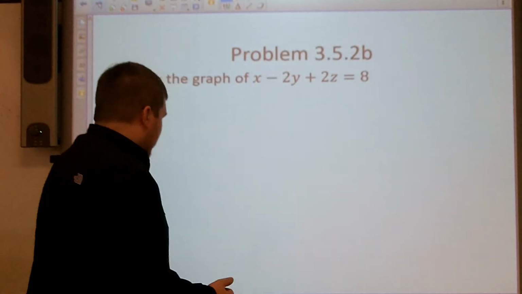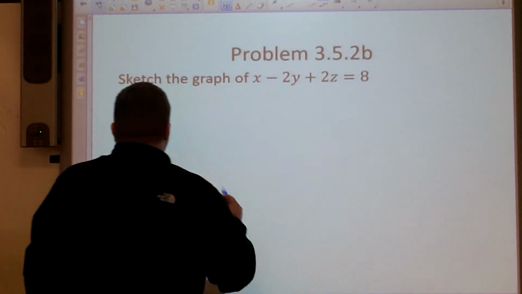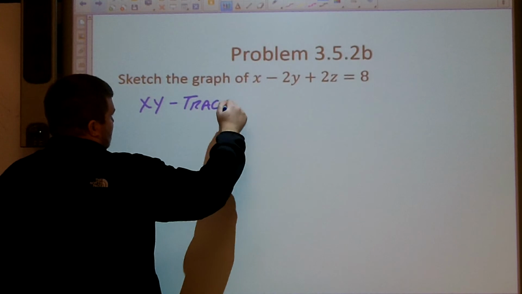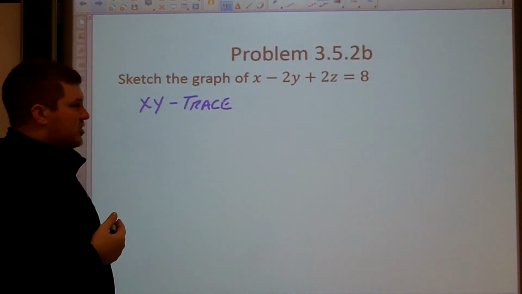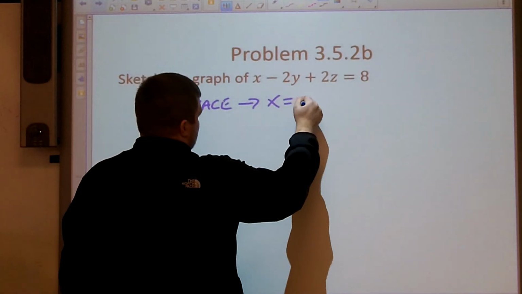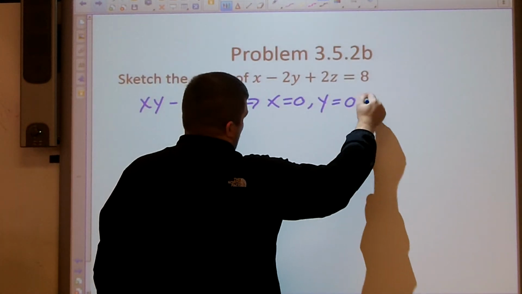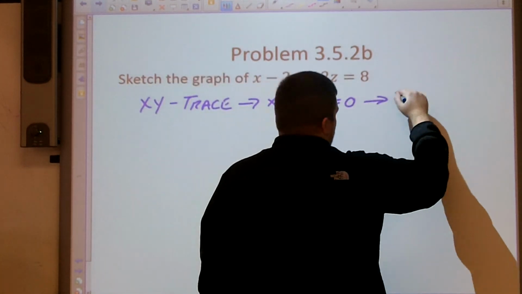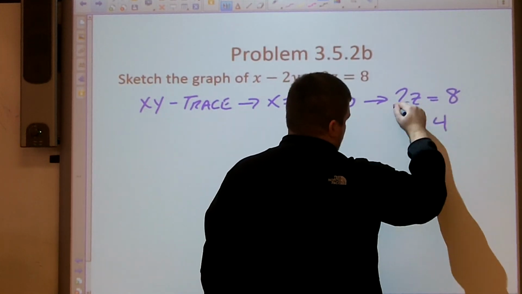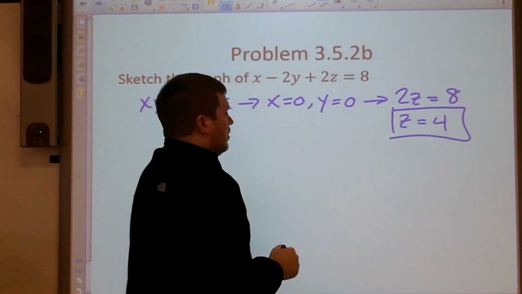Find the traces. So we need the XY trace. Anytime it says sketch the graph of a three-dimensional object, you got to do the traces, okay? So that just means x equals 0, y equals 0, which means just looking at 2z is equal to 8, so z is equal to 4. Okay, go on to the next one.